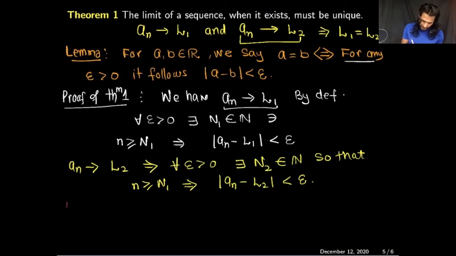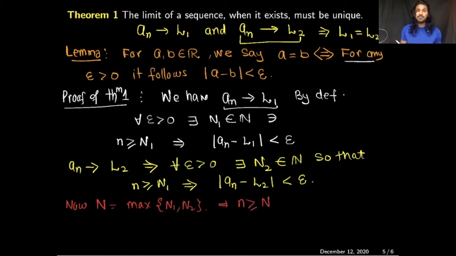Now, if I choose capital N to be the max of N1 and N2, this implies when n is bigger than that capital N, n is bigger than N1 and n is bigger than N2.